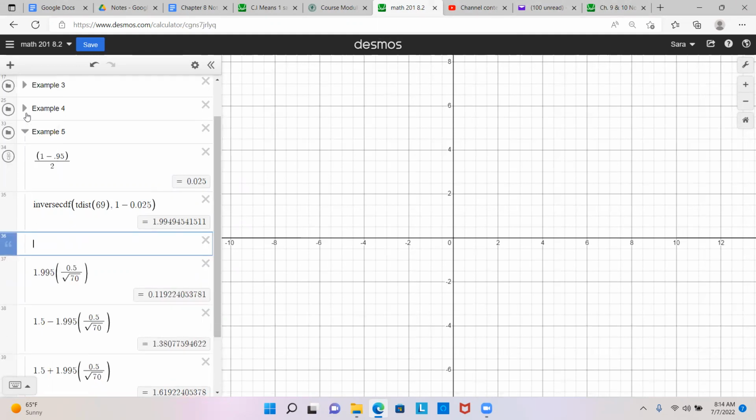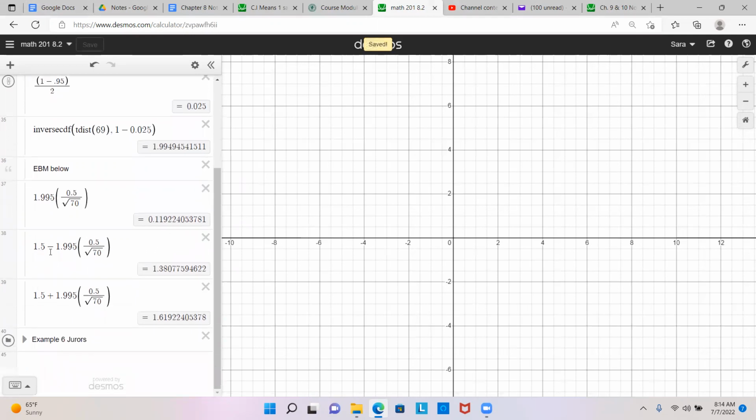And then there's our lower bound and our upper bound. So 1.38 and 1.62 hours.